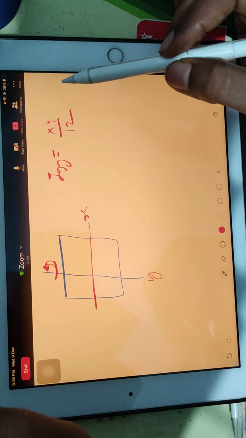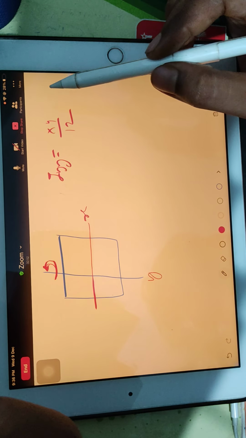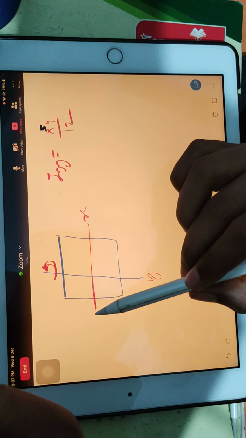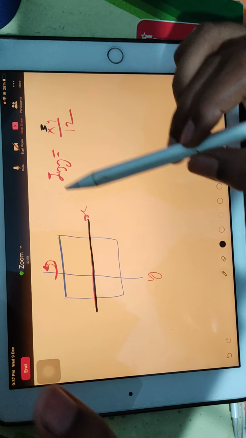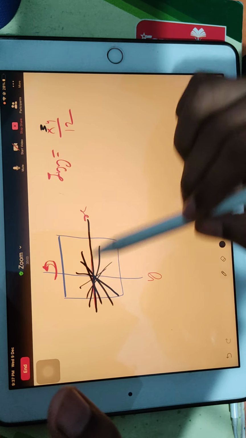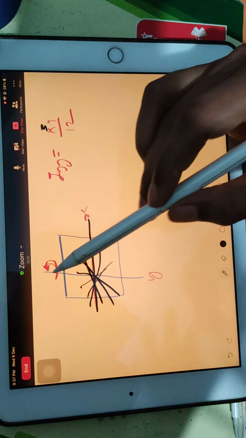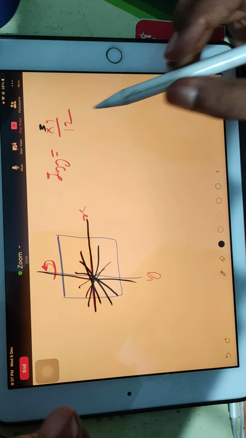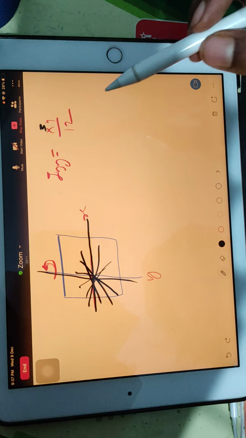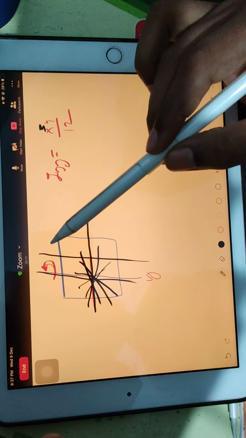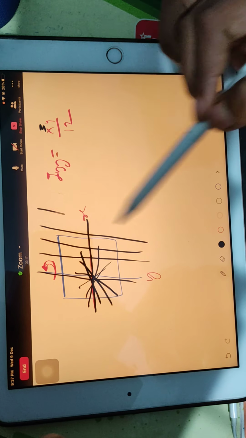Now which one will you cube? X, because x is rotating, y is not rotating. The entire x will rotate like this with the plane. Y will not rotate, y will be here only. So that's why I am keeping y here only. Next, if you want to apply the parallel axis theorem, then it will be some other axis that is parallel to the y-axis.